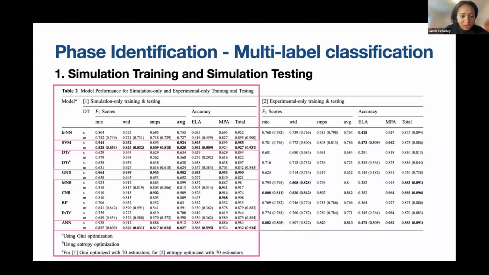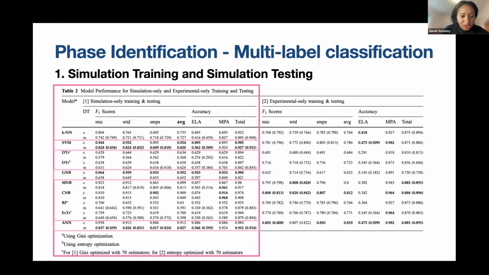For the ANN, we also see some relatively on par performance. For experimental data, I think it was the complement naive Bayes and the ANN doing okay.